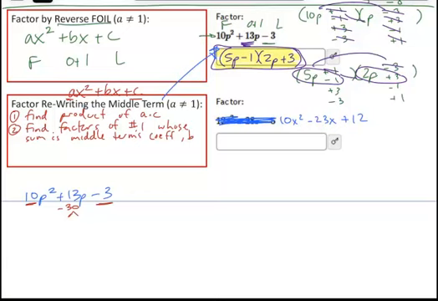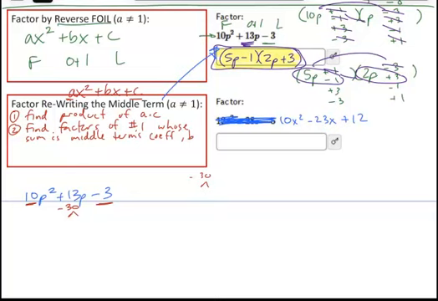So if you just start testing it here, right? So negative 30, if I want the sum to be a negative, I have one negative sign, one positive sign. Since, again, the sum is a negative number, that means that the larger of the 2 numbers has to be my negative. So here I have 1 and 30, that's not it. 2 and 15, is that it? Yeah, or actually I have the sign, I think I talked through it wrong.